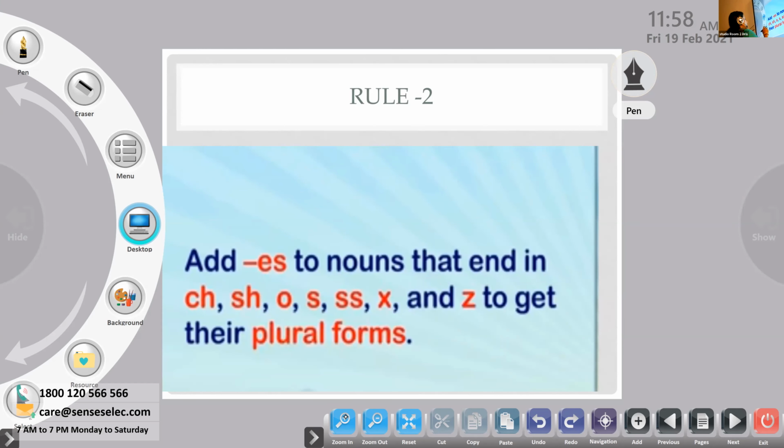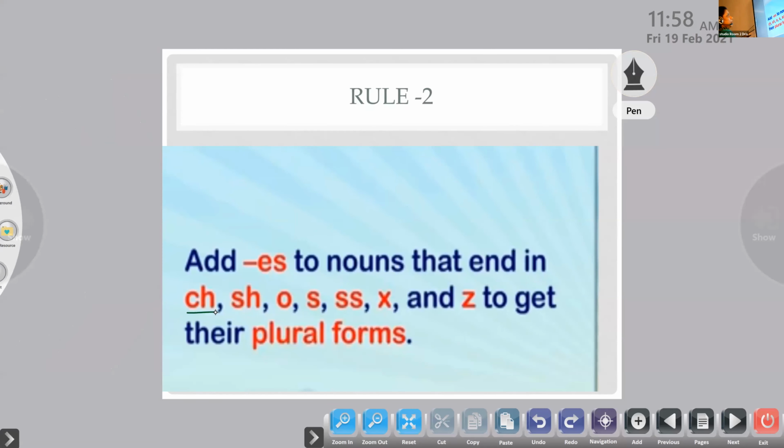All of you please do learn this during the revision. Words that end in ch, sh, o, s, double s, and x. What we have to do? We have to add es at the end of the word to make it plural. Clear? I'm going to repeat this once more.